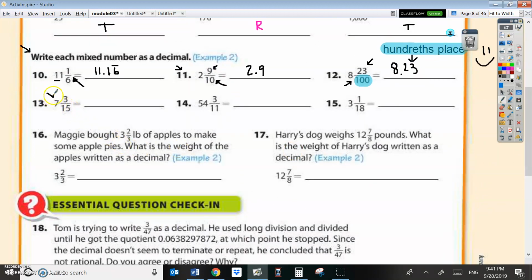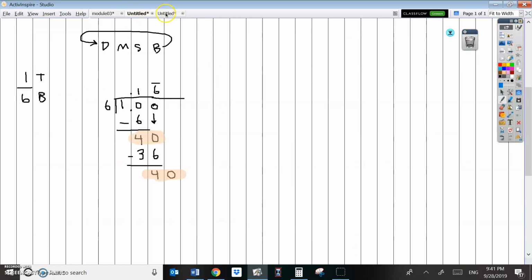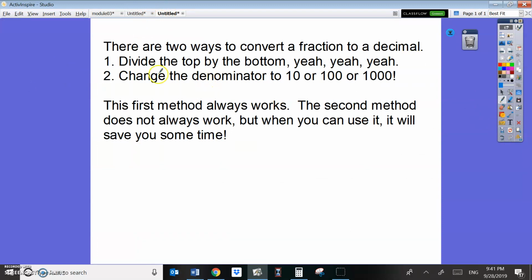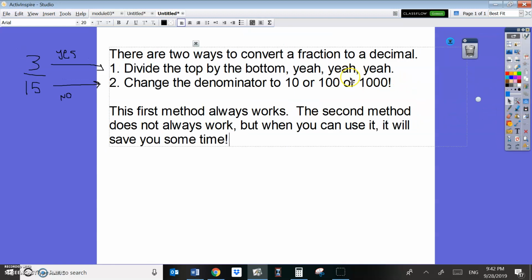Okay, 7 and 3 over 15, so it's going to be 7 and something. 3 over 15, let's convert that. Yes, we could just divide it.